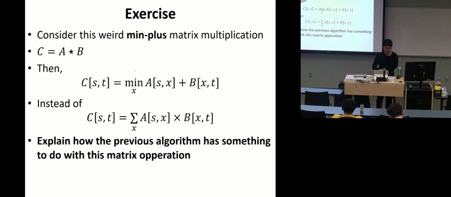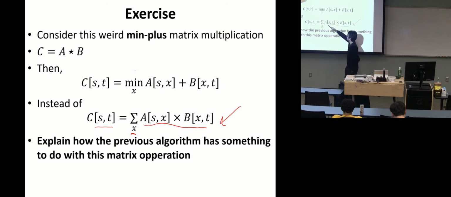In normal matrix multiplication, the entry st of the resulting matrix is the sum over all x of the product of these two entries. But now if instead I replace multiply with plus and sum with min, it's just some operation, okay?